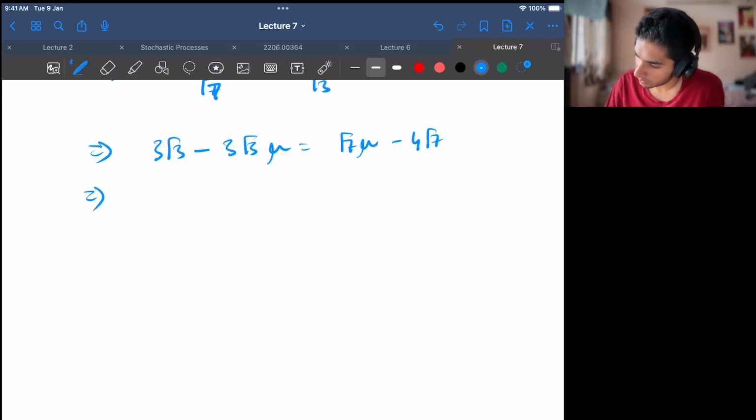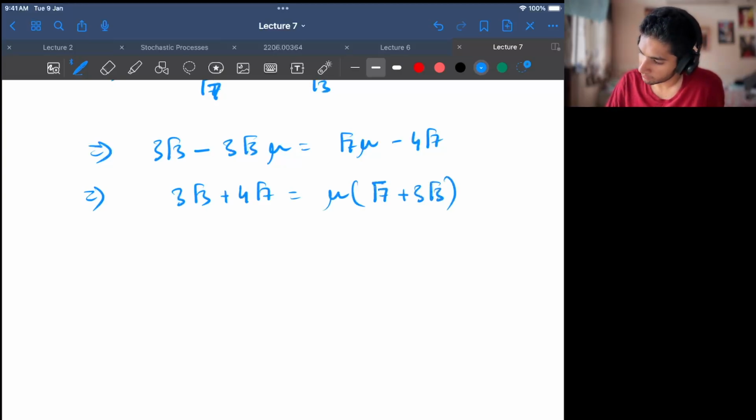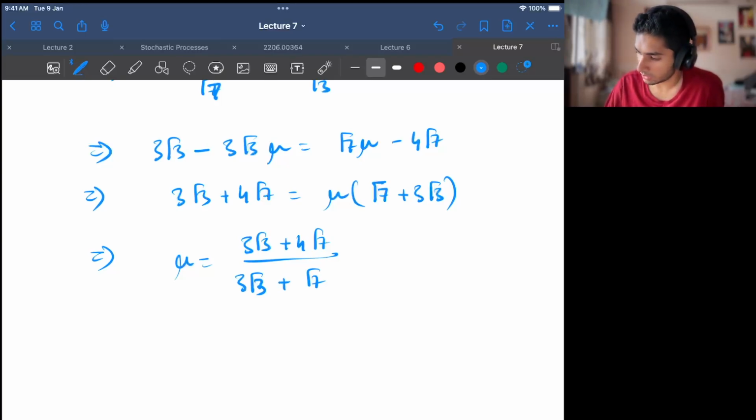This thing is 3 root 3 plus 4 root 7 is equal to mu times (root 7 plus 3 root 3). This implies that mu is equal to (3 root 3 plus 4 root 7) divided by (3 root 3 plus root 7), and that is your answer.